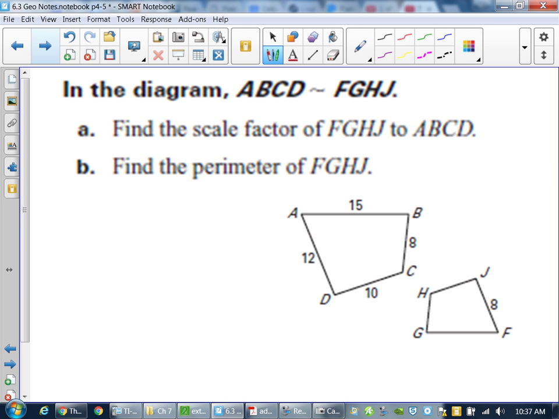In this case, it's a quadrilateral. It's got 4 sides. Which means, how many fractions do you think you're going to write? 4. So just like all the other problems here, what we start out with is the same exact thing. We take the similarity statement, where it says ABCD is similar to FGHJ.